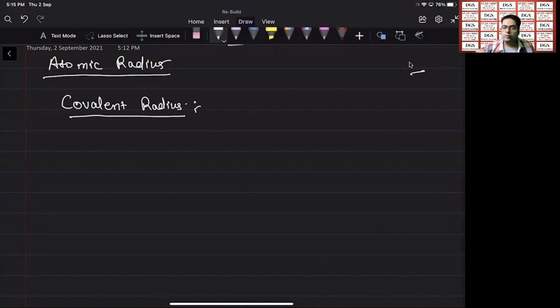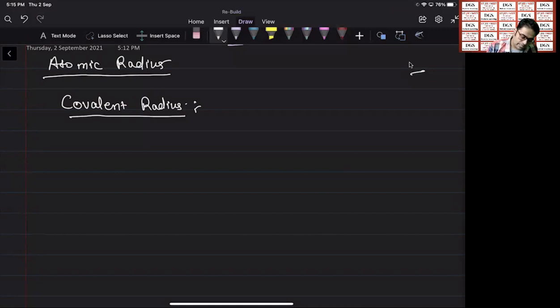A covalent bond is actually a sharing bond where two atoms combine together and share their electrons to acquire the nearest noble gas configuration. Octet rule, okay? But soon we come to know that the octet rule is not that successful in explaining all the properties of a chemical bond. But for the time being, let's consider that sharing of electrons takes place just to complete the octet. So a covalent bond is a sort of sharing bond.